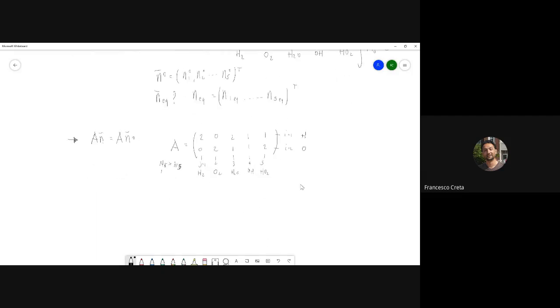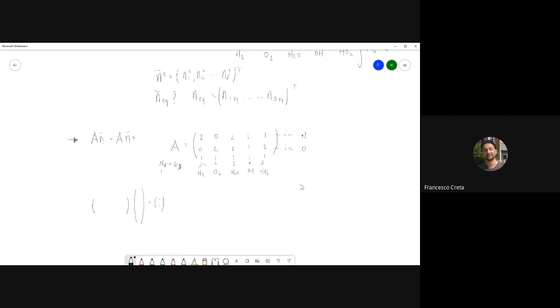So now that I have this matrix, I can write down these restrictions. And it's very easy to see that these are 2 equations. You just take this matrix, which is a 2 by 5, and we multiply by a 5 by 1, and so we have a 2 by 1 vector.